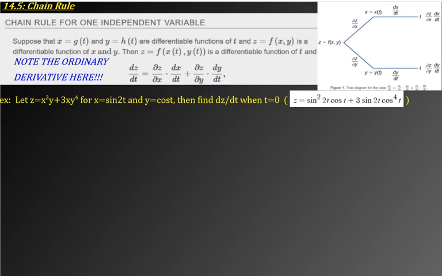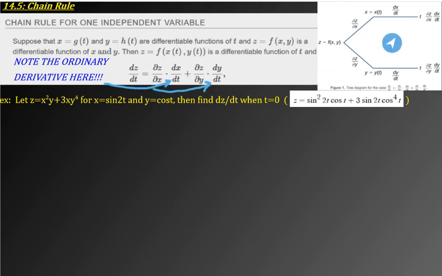And notice that the notation is different. In those two right there, you actually have an ordinary derivative because your inner functions are just single variable. You only use that partial symbol if it's multivariable, right?